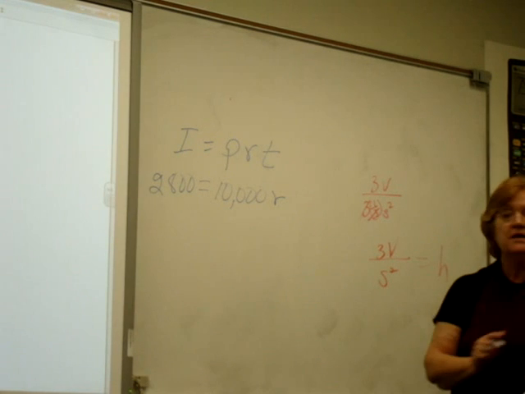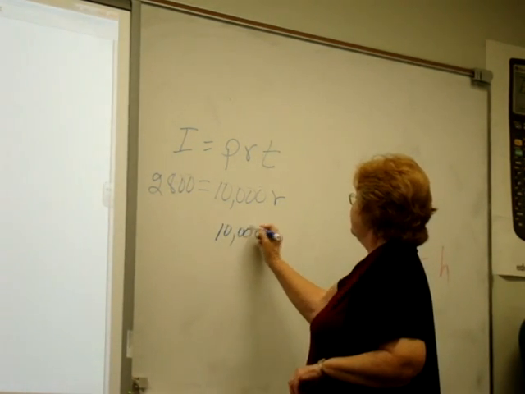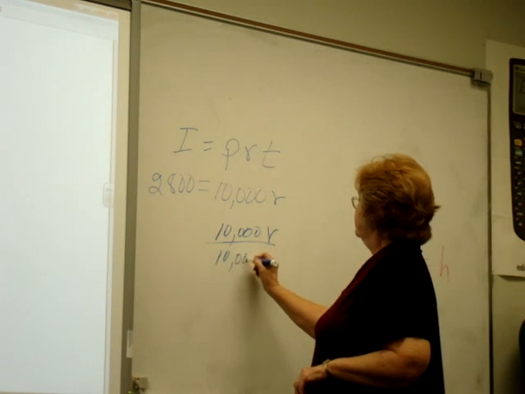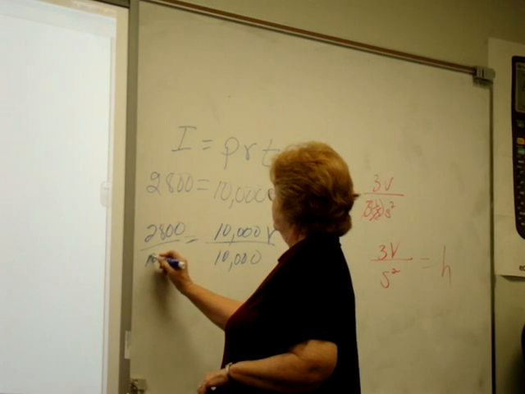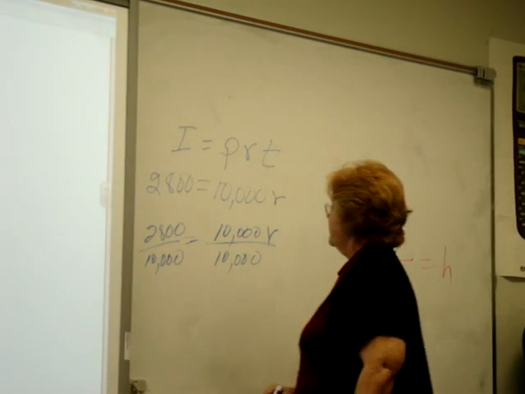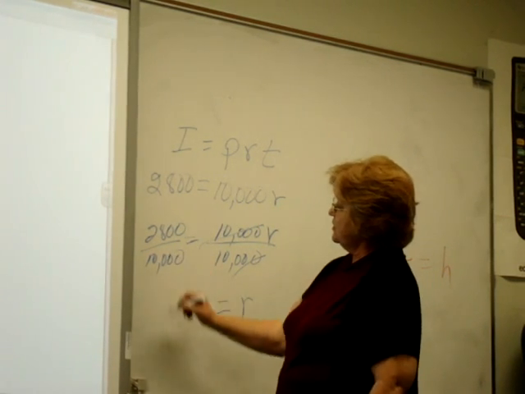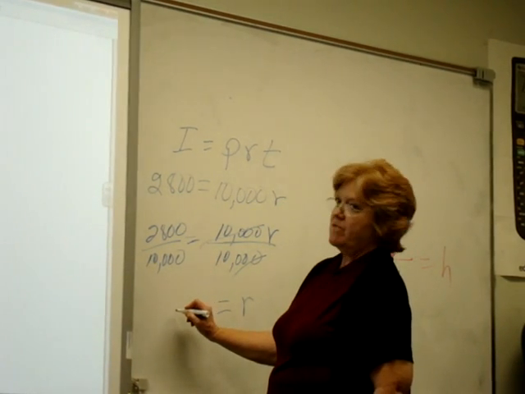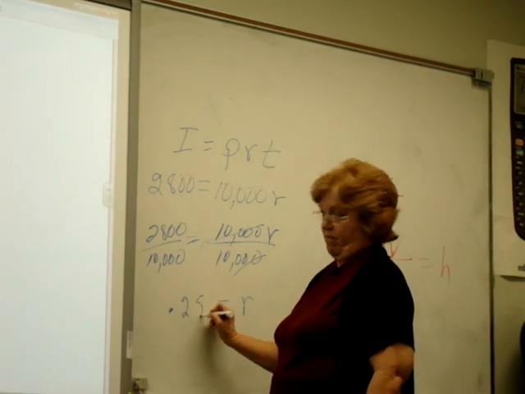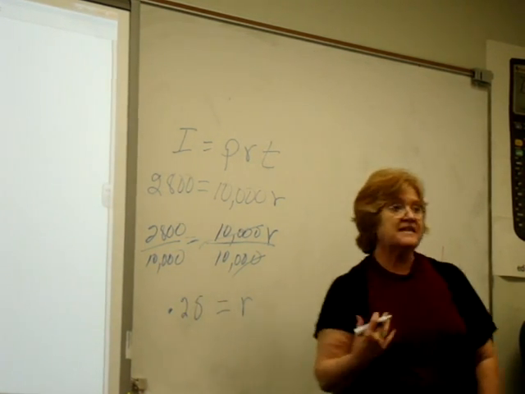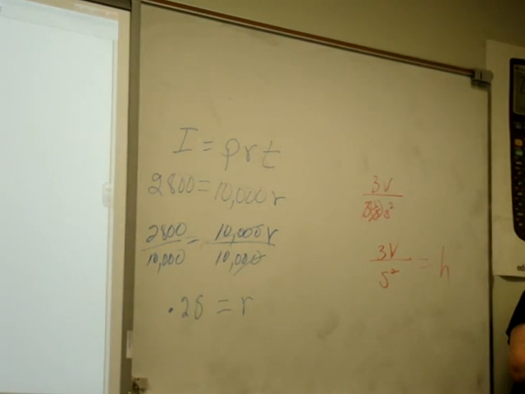You divide both sides by 10,000. Okay, this is going to give you 1R, and this is going to give you what? 0.28. Yep. Okay, but that's a decimal number, and our rate is usually given in percentages.